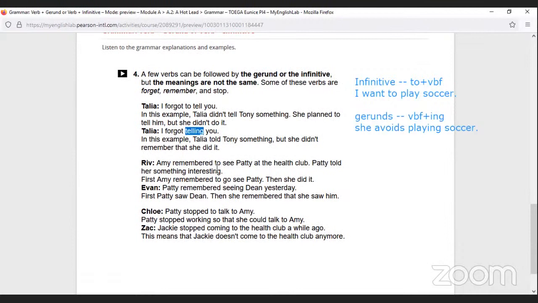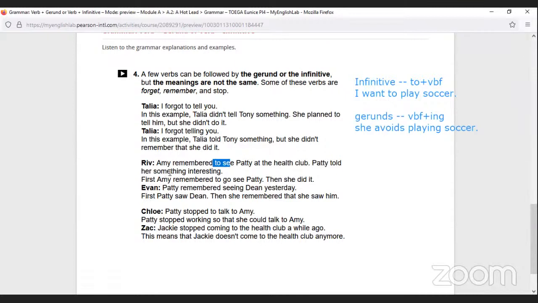The same happens with remember. If we use with infinitive, okay, we are saying that the first time Amy remembered to go see Patty. Then she did it. So first she remembered and after it happens.